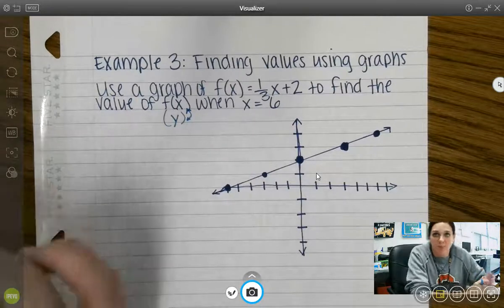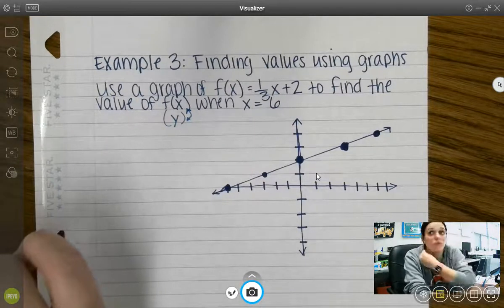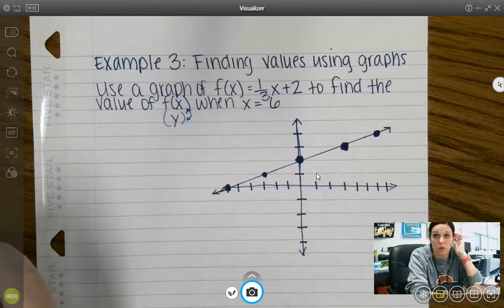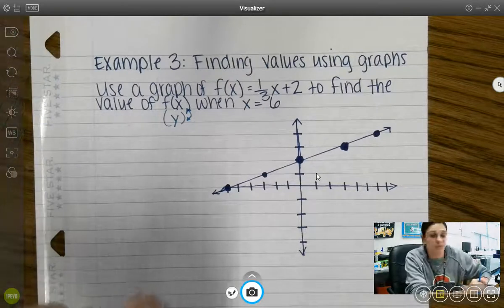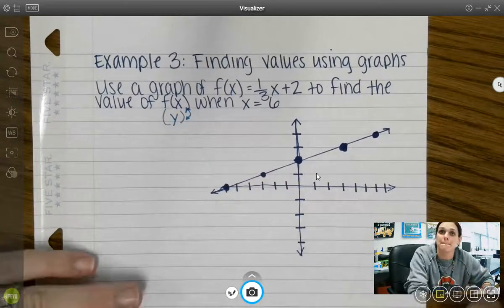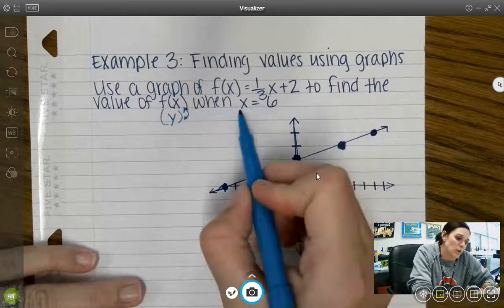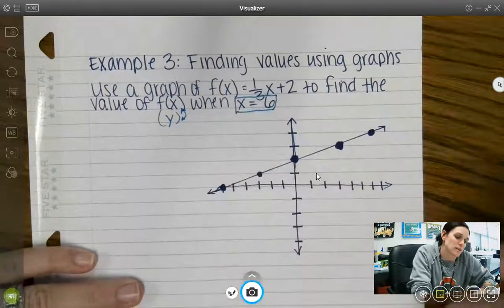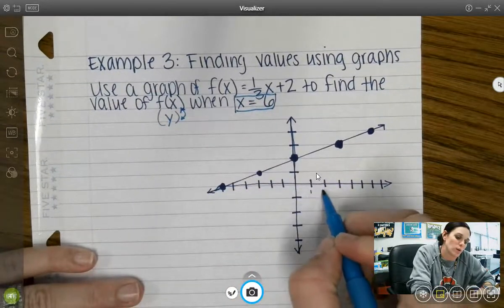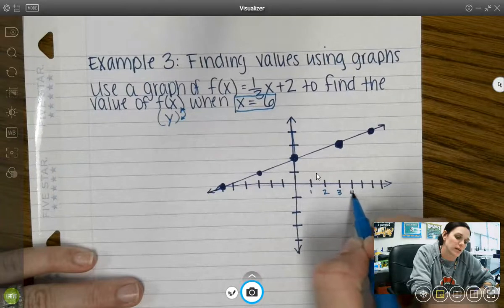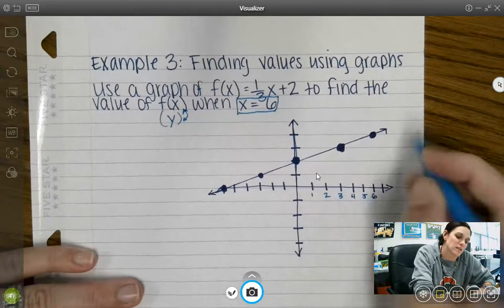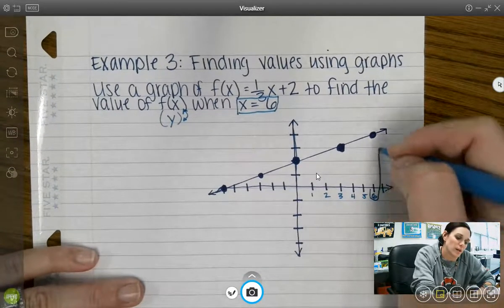So with this type of graph, you're analyzing it. So if you need more time, please pause so you can draw this out. Doesn't have to be perfect. But to solve this, I want to know when x is 6. So I go over, well, x is 1, x is 2, x is 3, x is 4, x is 5, x is 6, right here.